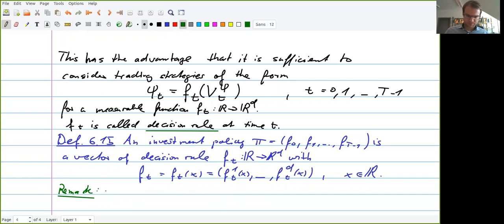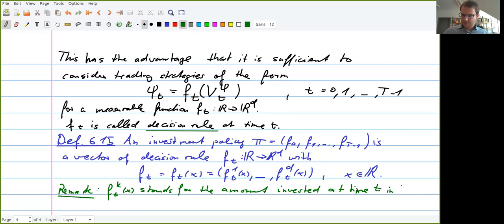This tells me, well, K_t stands for the amount invested at time t in the K-th risky asset, depending on, well, the capital you have, x at time t. Okay.